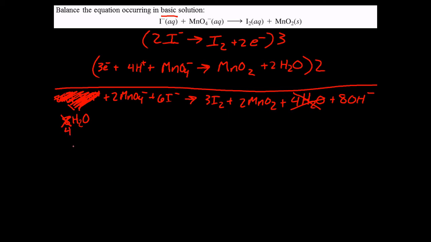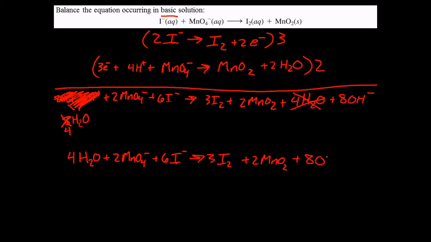And so my final balanced chemical equation is going to be 4 waters plus 2 permanganates plus 6 iodides goes to 3I2 plus 2MnO2 plus 8OH minus.